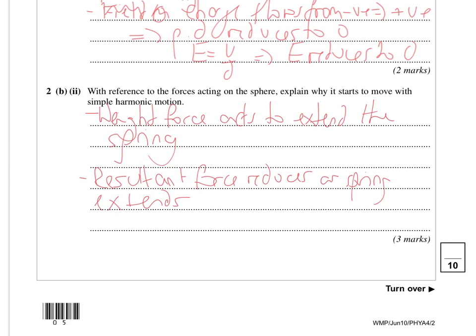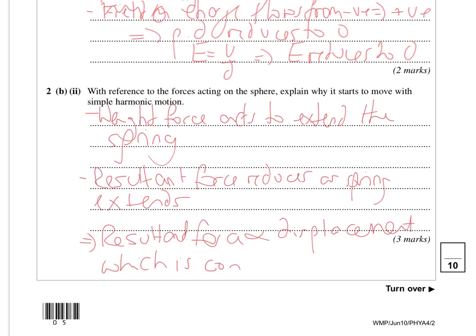As the spring extends, there's a force backwards towards the equilibrium position, and the resultant force ends up being proportional to the displacement, because remember the extending force F equals kx, which is a condition of SHM.